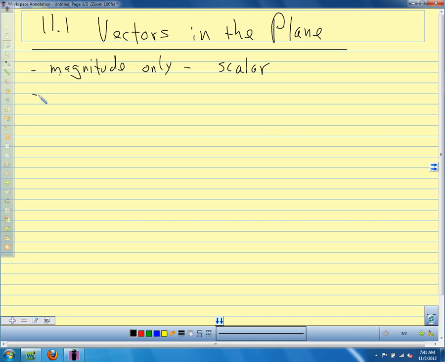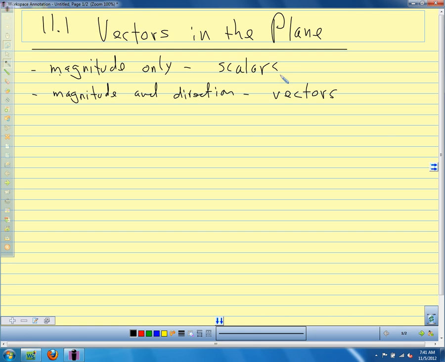We're also talking about quantities that have magnitude and direction, and those are vectors. And we're going to be talking about vectors.